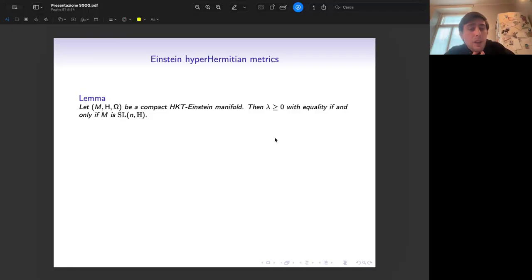So, namely, whenever we have a HKT Einstein metric on a compact manifold, the scalar curvature has to be non-negative, and so the Einstein factor has to be non-negative, with equality precisely when the manifold is SLnH. And so we found another, if you want, equivalent condition for the SLnH.